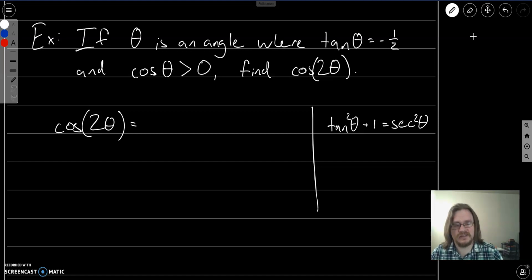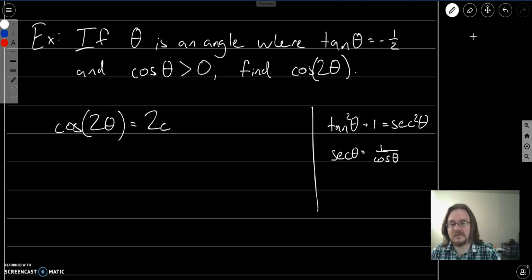And what's so special about secant squared? Well, the secant is just 1 over the cosine. So we can turn tangents into secants and then secants into cosines, and once I know cosines, I can turn those into cosine of twice an angle.